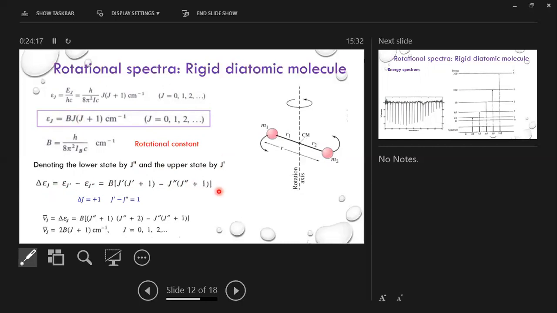And as we have already mentioned, the selection rule is delta J equal to plus or minus 1.